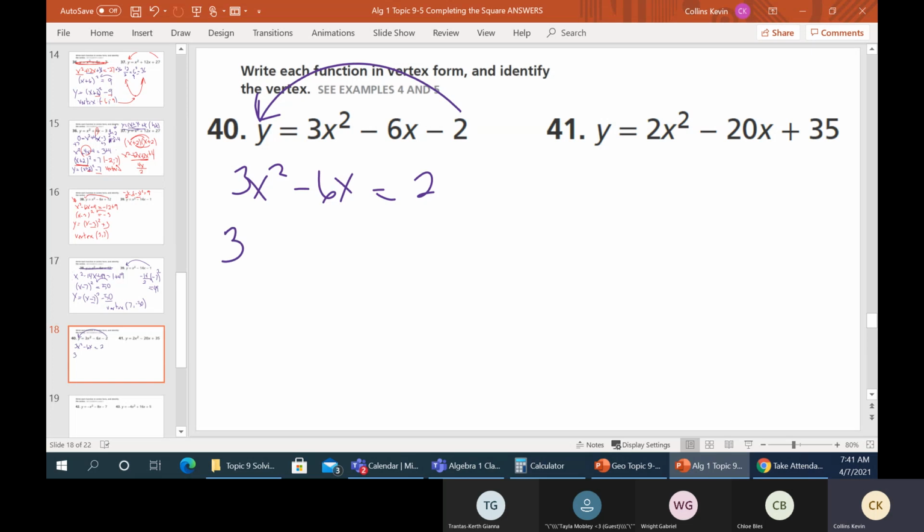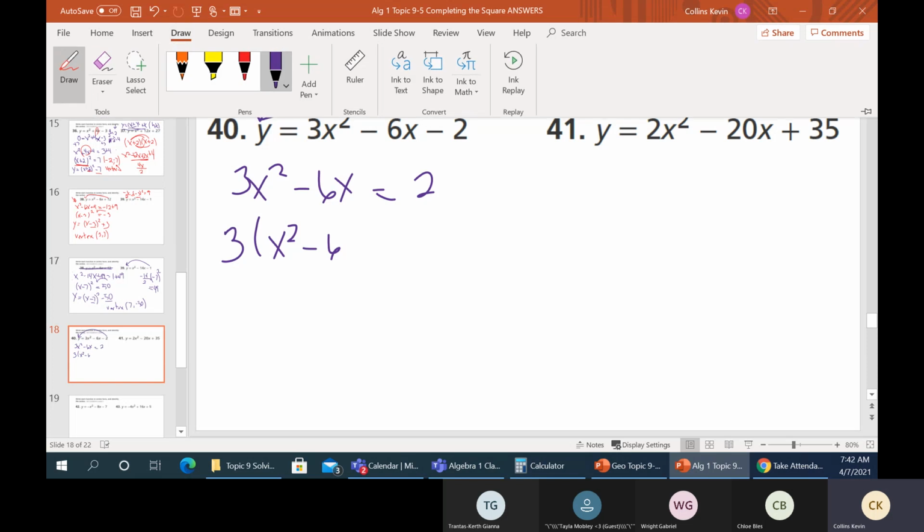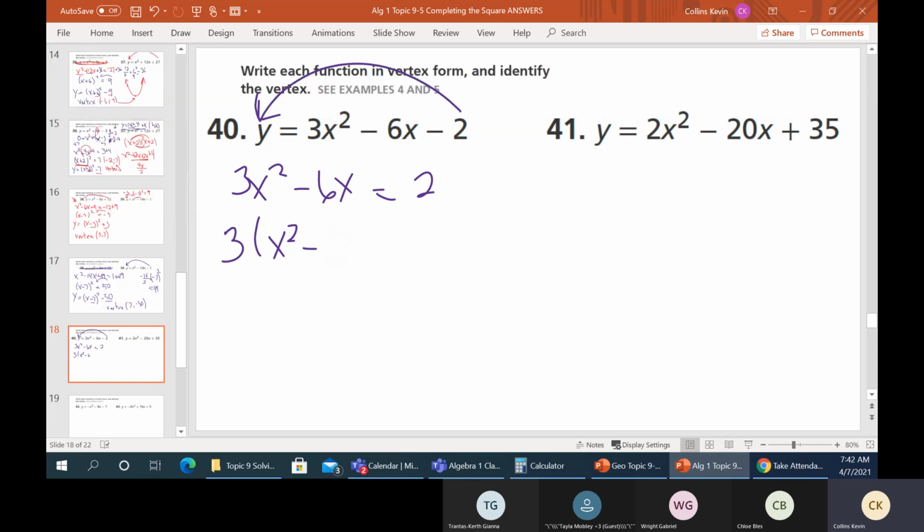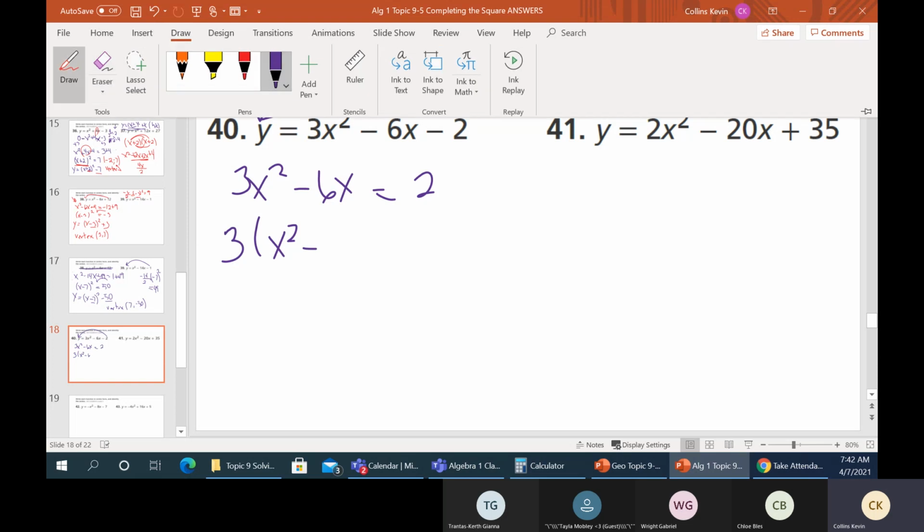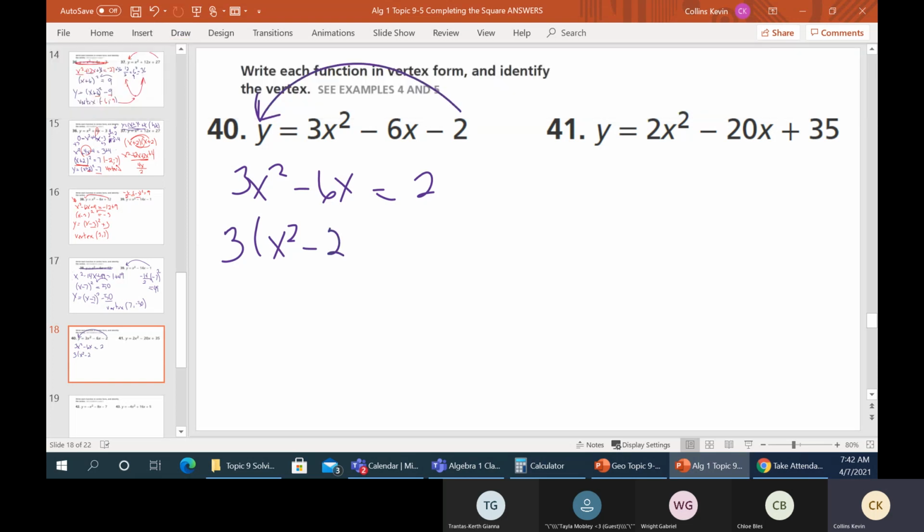So if I factor out a 3, then I get x squared minus 2x, because 6 divided by 3 is 2. Hold on, let me fix that. All right, and then that is going to equal 2.